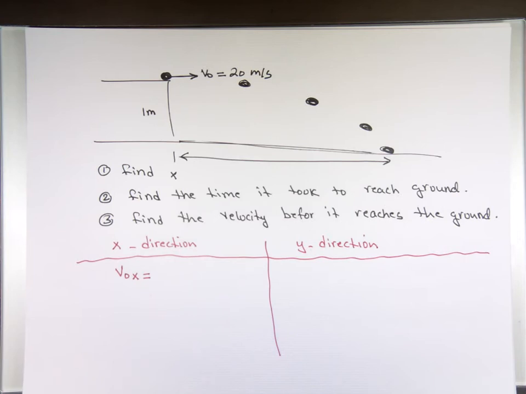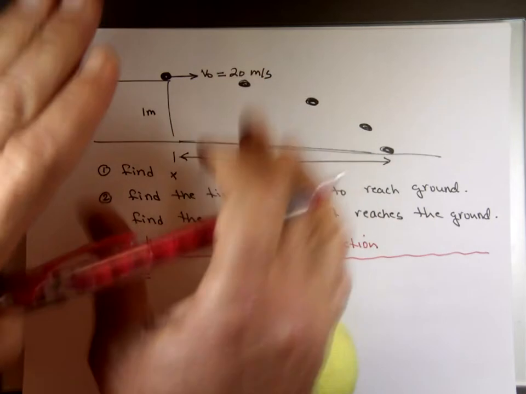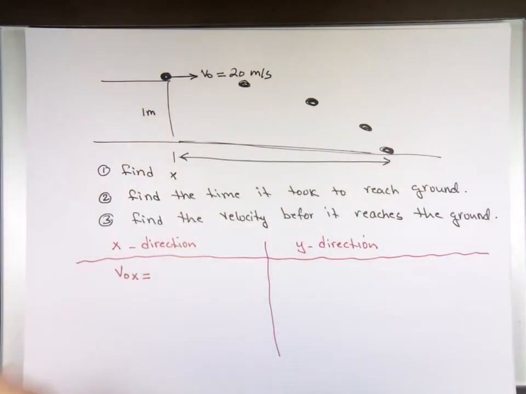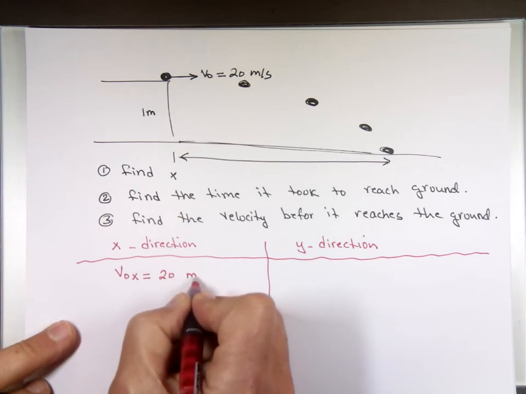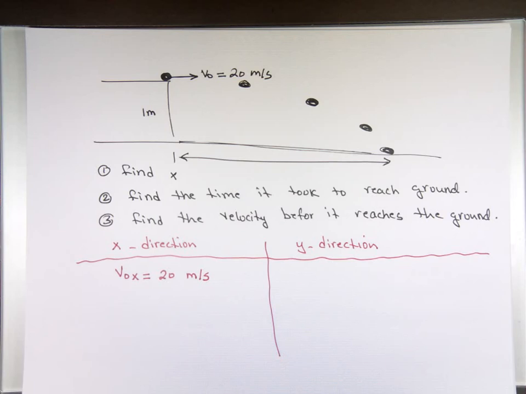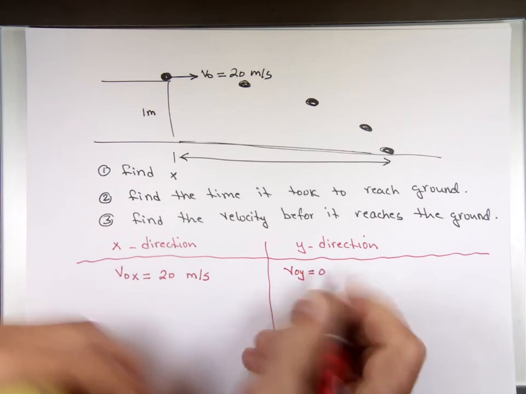Valentina says 0. Why 0? If it didn't have initial velocity in the x direction, if it was 0, the ball would go straight down. It will never go like this. So is somebody pushing it? Yep, somebody pushed it with that speed. It is 20. That's your initial velocity in the x direction. In the y direction, what's your initial velocity? 0. It wasn't going up or down.